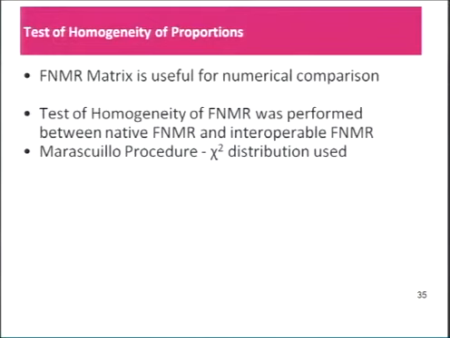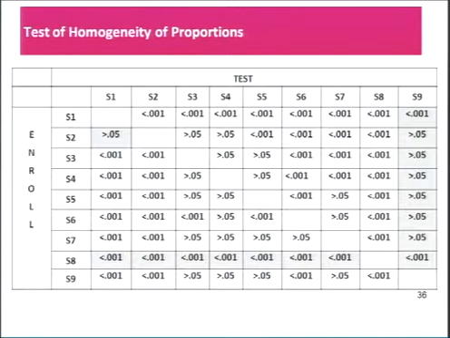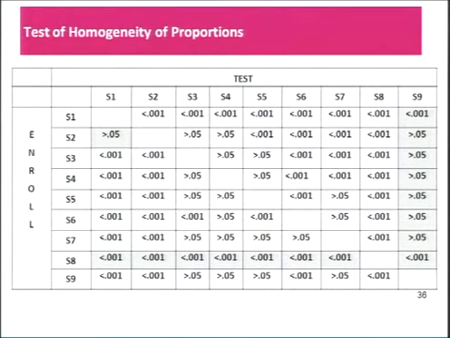You'll find plenty of documentation and literature on this particular methodology. So the idea was to see which pairs of data sets actually had statistically similar error rates. Again, the way to actually read this particular matrix is similar to the previous ones. If the values are less than 0.001, then that particular pair was not statistically similar. But if the value was greater than 0.05, then the pair was statistically similar in its error rates.